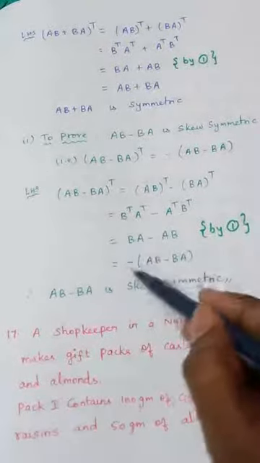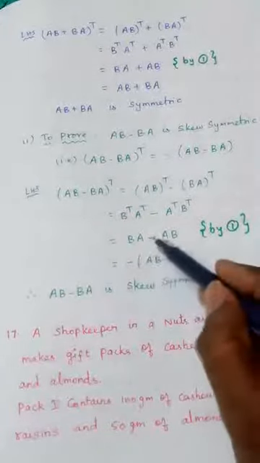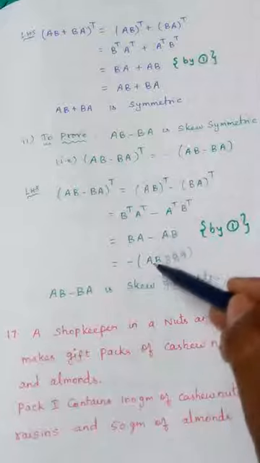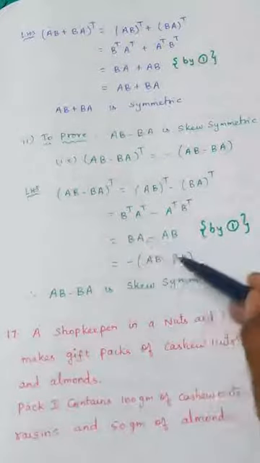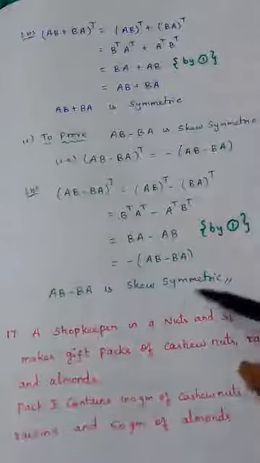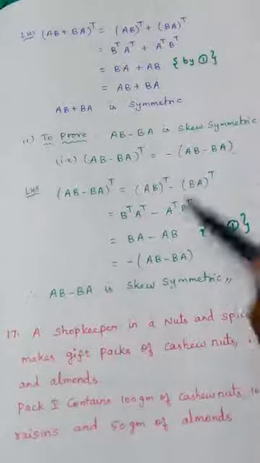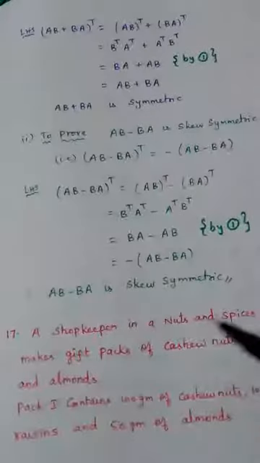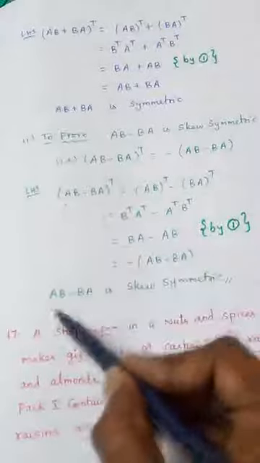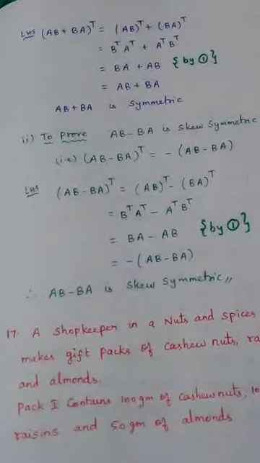Now just take minus common outside. If you take minus common, minus will become plus. So AB is written first, plus BA is written next as minus BA by taking minus sign as common. So what have we proved now? We took the LHS and got the RHS as the answer. So what is the meaning? This matrix AB minus BA is skew symmetric. So we have proved both the parts.